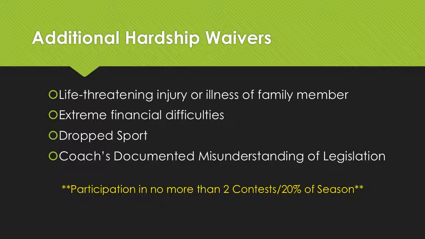For these waivers, the same 20% or 2 contest limit is still applicable, but the extenuating circumstances that may be claimed include the following: a life-threatening injury or illness to a family member that required the student athlete to return home, extreme financial difficulties such as mom and dad losing jobs so the student athlete has to help support the family, a dropped sport where the institution makes a decision not to sponsor the sport after the start of the season, and finally, a coach's documented misunderstanding of legislation, such as a coach playing a student athlete in a scrimmage after the start of the season, thinking that all scrimmages are exempted and not just those before the first permissible contest.